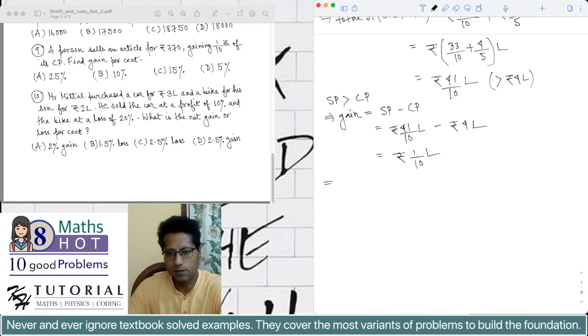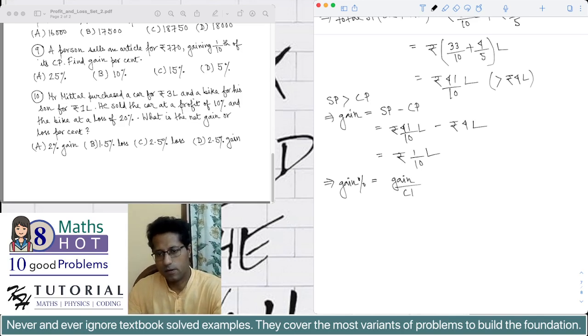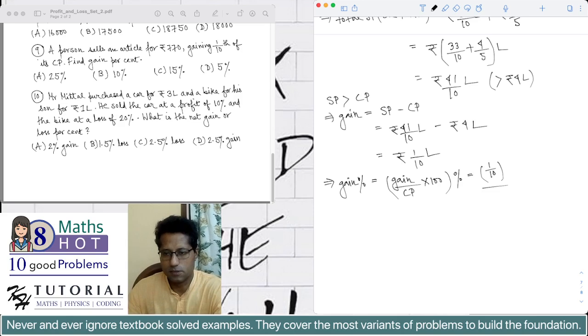Therefore, the gain percent will be equal to the gain divided by cost price multiplied by 100, this much percentage. This is equal to gain is 1 by 10 lakh, cost price is 4 lakh, multiplied by 100, this much percentage.